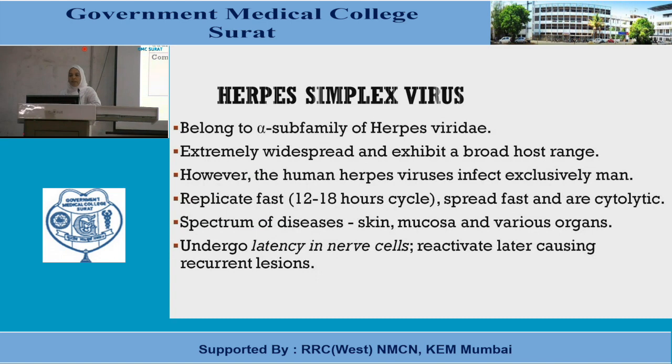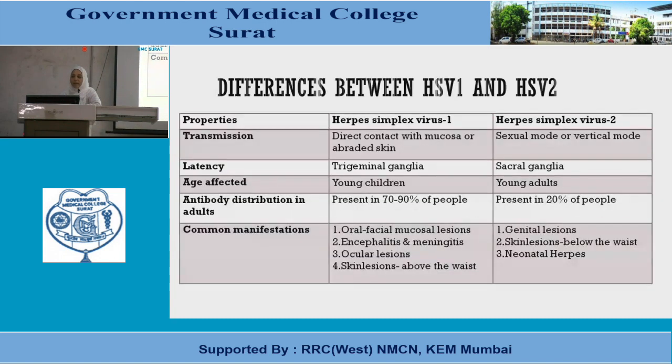The difference between HSV 1 and 2 is something I put in a tabulated form so that you can understand better. The transmission of virus 1 is through direct contact with mucosa or abraded skin, while in herpes simplex 2 it is sexual mode or vertical mode. Vertical means from mother to baby.